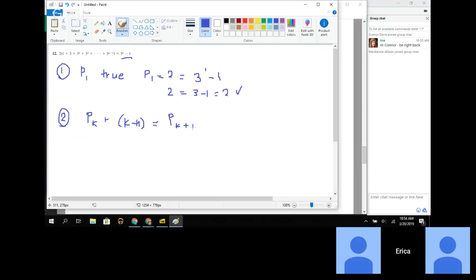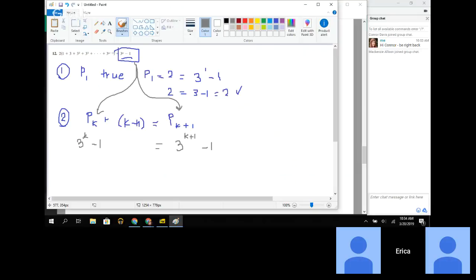P sub k and P sub k plus 1 actually come from this side of the equation, so this helps fill this in and this in. So P sub k is 3 to the k minus 1 equals, over on the side, 3 to the k plus 1 minus 1. That's where that part of your mathematical induction comes in.